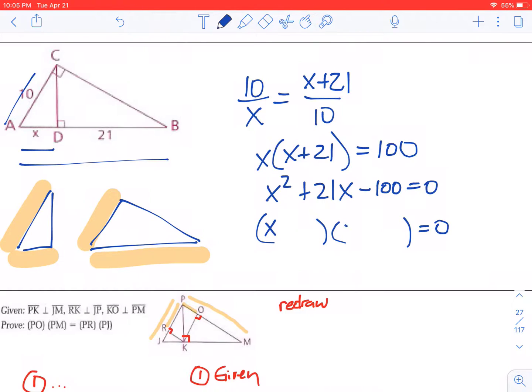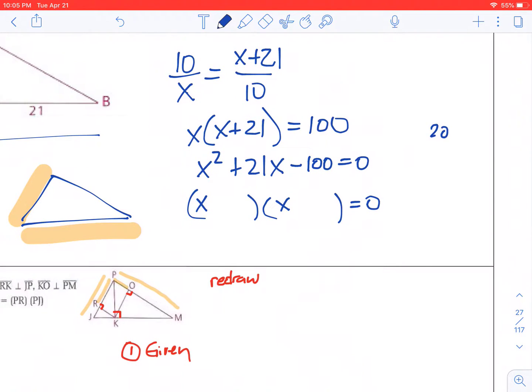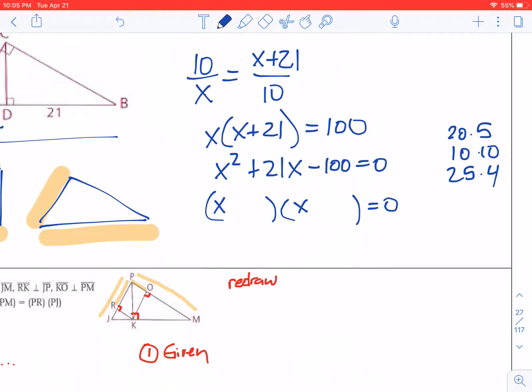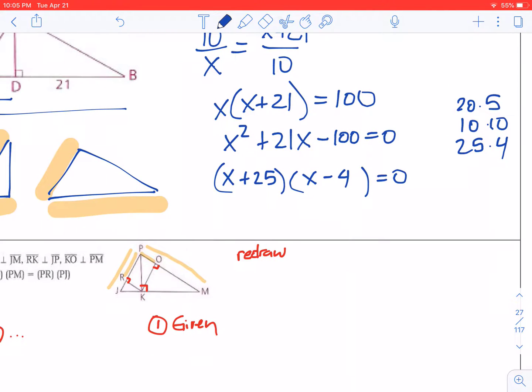So we've got two factors that when I multiply them, I get negative 100, and when I add them up, I'm going to get 21. Well, immediately I thought of 20 times 5, but if I subtract those, I get 15. And obviously 10 times 10 is not going to work. And then I see, oh yeah, 25 times 4, that's going to work. So we'll put a positive 25 and a negative 4. So my two answers are x equals negative 25 or x equals 4.